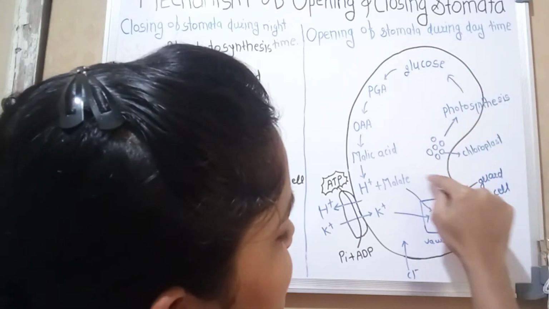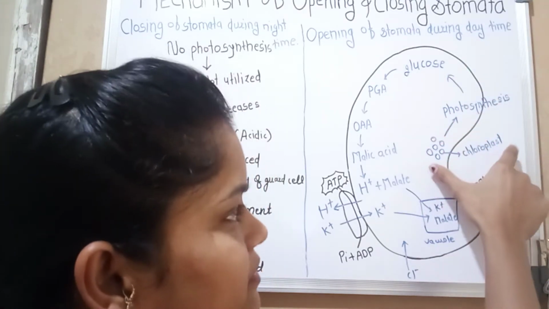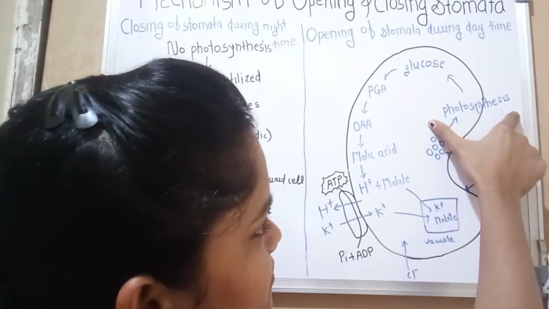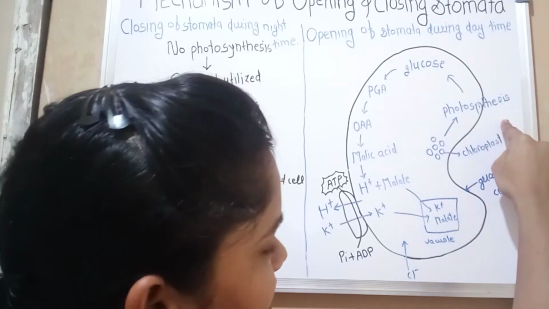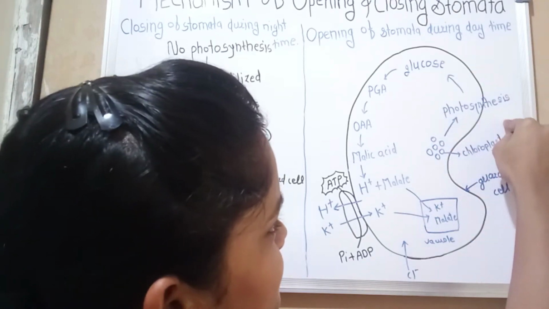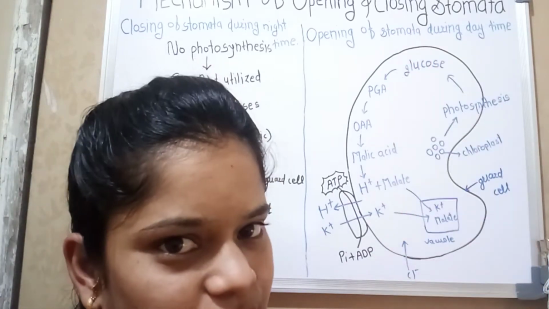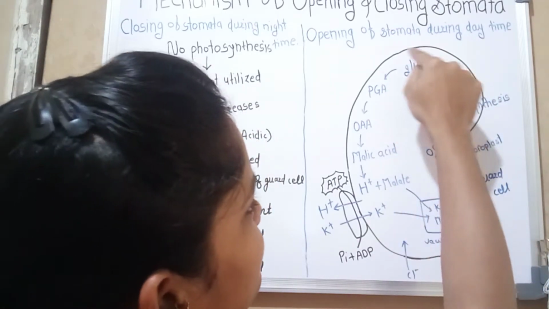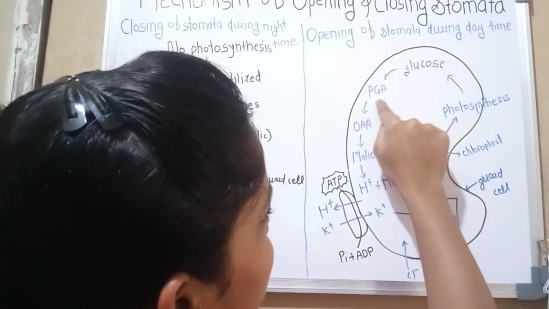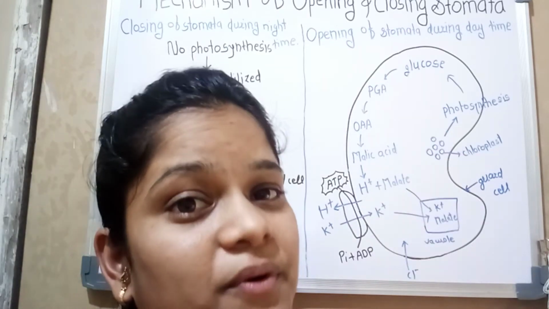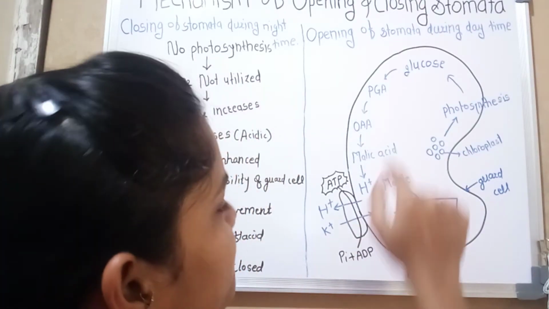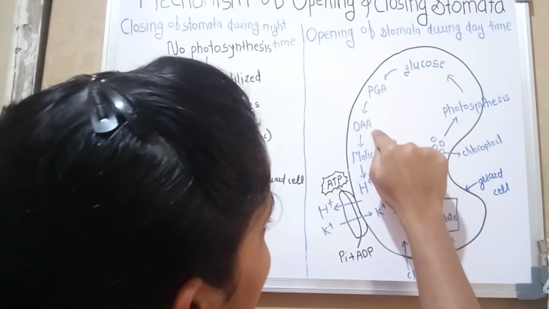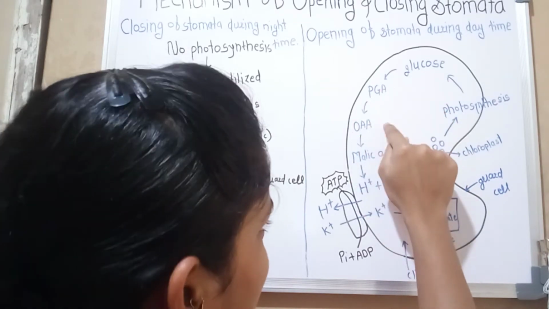Here is a chloroplast, and these chloroplasts are responsible for photosynthesis. The result of photosynthesis is glucose. This glucose further forms PGA, meaning phosphoglyceric acid. This PGA is later converted into oxaloacetic acid.